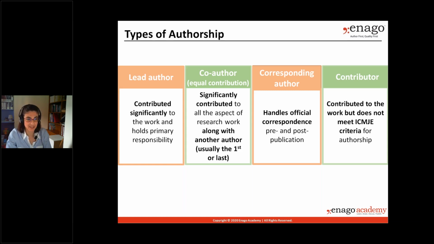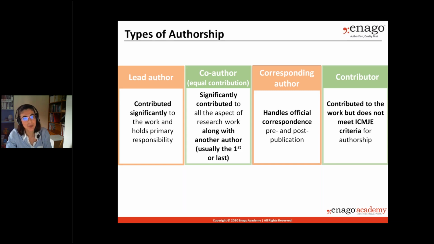There can be co-authors. So when we say co-authors in this context, we mean authors who have contributed equally either to the first author, to the last author, or equally to some of the middle authors.